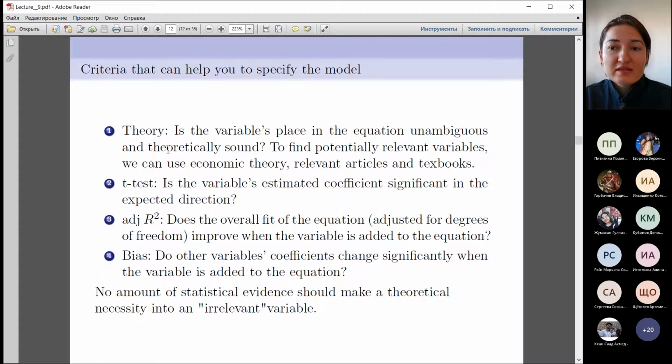Remember about this, because this is a very common mistake among students: they check the regression output, see that some coefficients associated with the variables are insignificant, and just decide to drop these variables from the model, even if the theory states that you must include them. Okay, this is a very rude mistake.